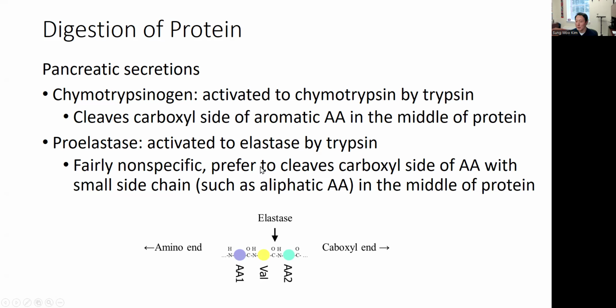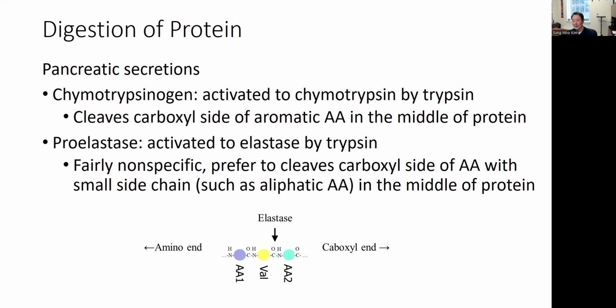The next is proelastase. This proelastase is also a zymogen. It's not active, but needs to be activated by trypsin to elastase. And the function of elastase, even though it's fairly non-specific, it prefers to cleave peptide bonds on the carboxyl side of amino acids with small side chains, such as aliphatic amino acids.